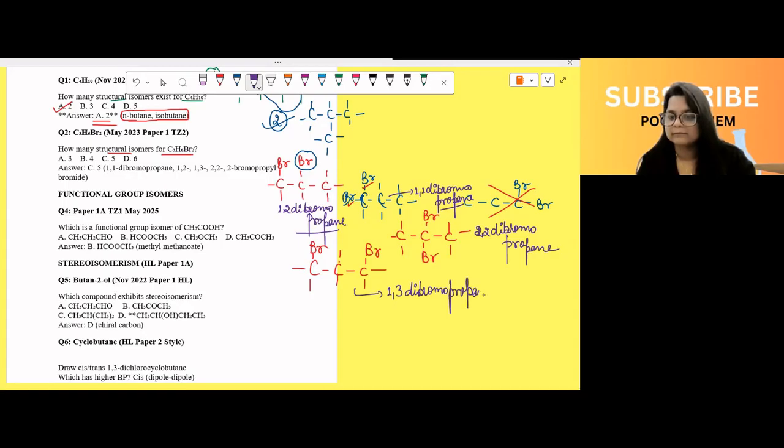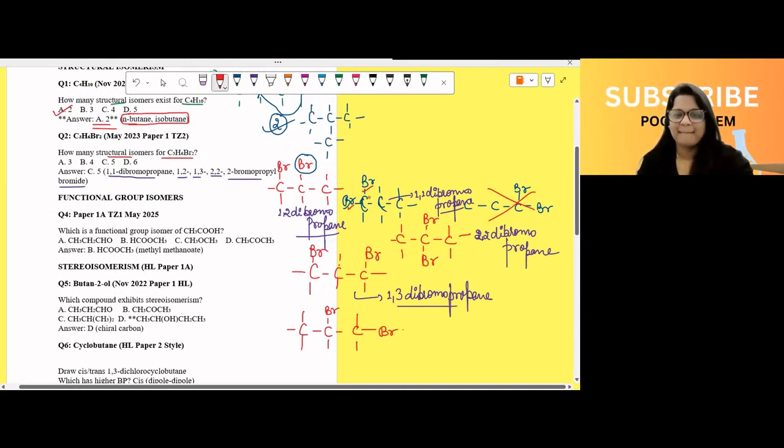Please keep one thing in mind. When you are placing at the same carbon, students write only 1 dibromo. Please know, the number of times it is coming, you have to write down that number, no matter it is coming on the same carbon. So we have 1, 1 dibromo, 1, 2 we can have, 1, 3 we can have, 2, 2 we can have.